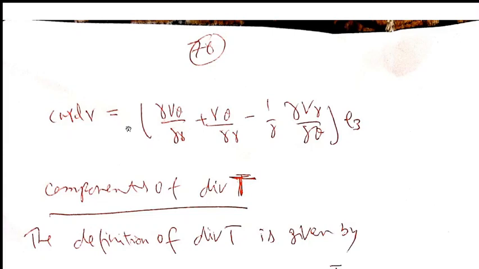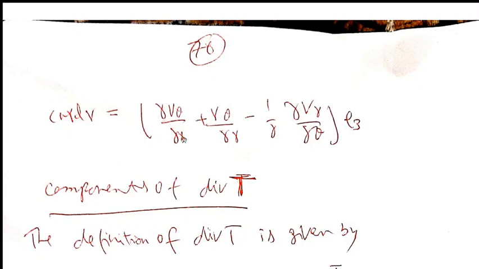Coefficients of E1, E2 will be 0 because they involve either the third component or a derivative with respect to the third, and they are 0. We don't have a third, so the first two will be 0.